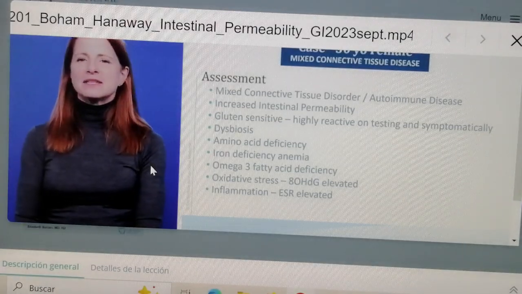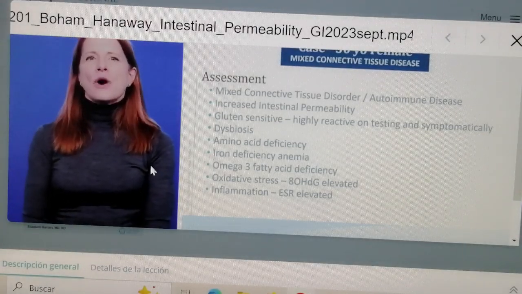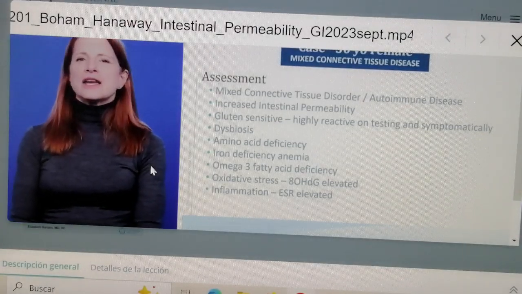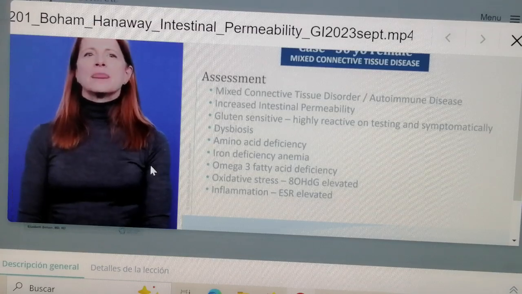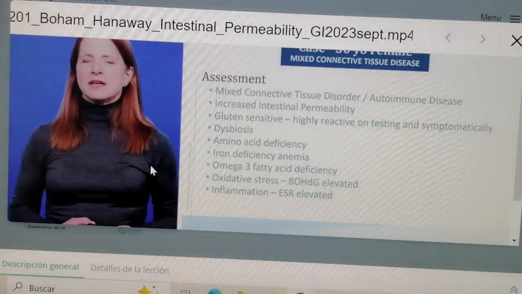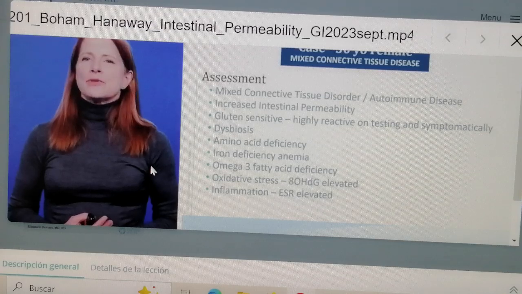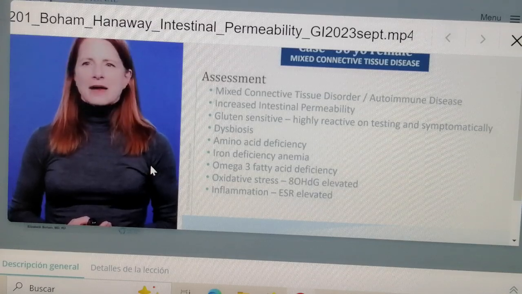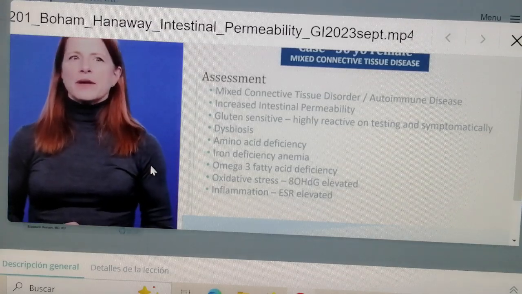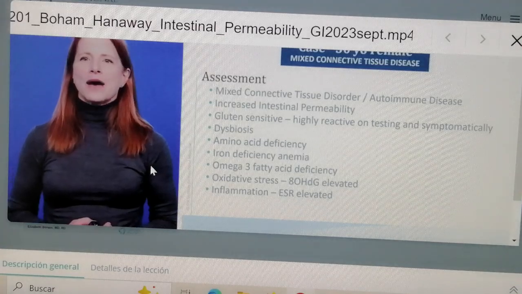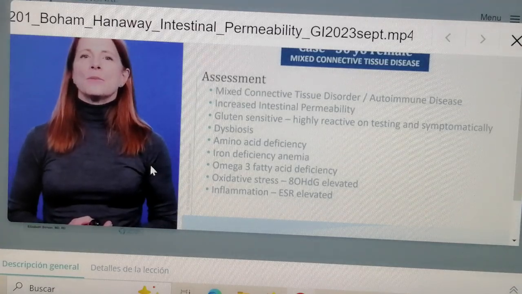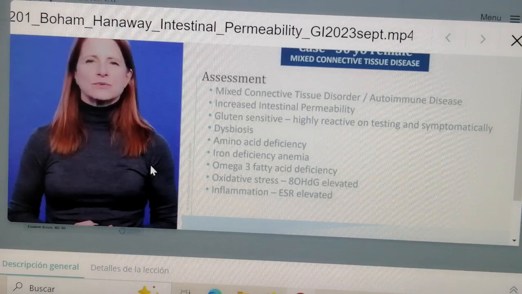I said, okay, she's got mixed connective tissue disease with autoimmune disease. She's got increased intestinal permeability. She's got gluten sensitivity, so non-celiac gluten sensitivity. She was both reactive on testing and symptomatically. We also saw dysbiosis. She had an amino acid deficiency, which made me wonder, was there inadequate intake, or what was going on with digestion or absorption?